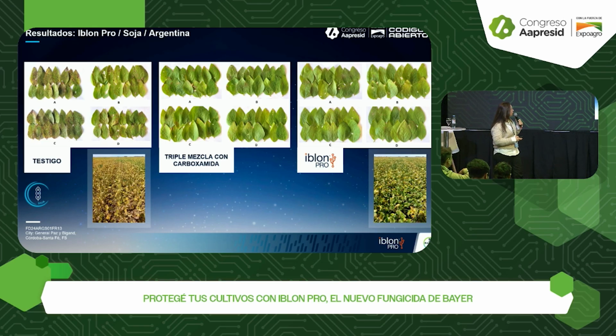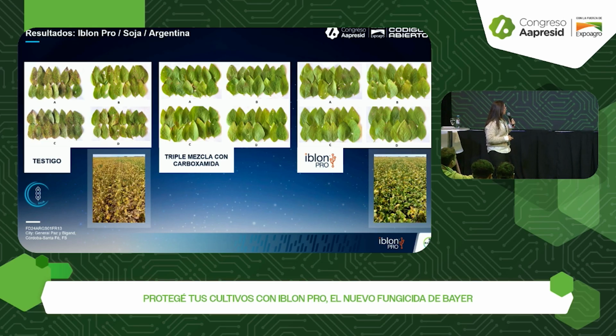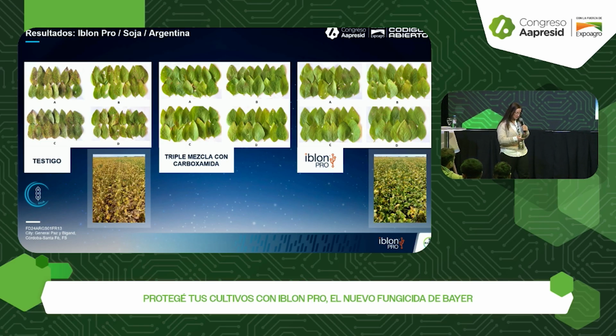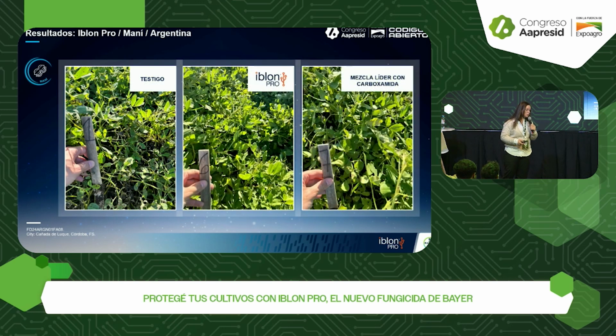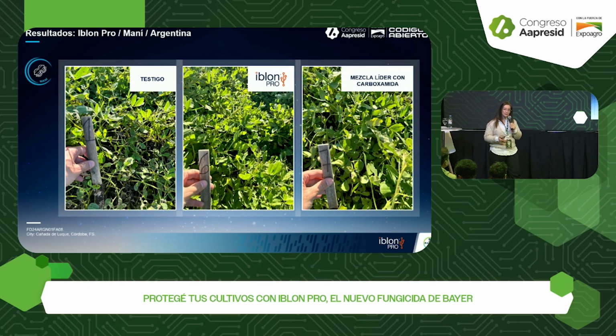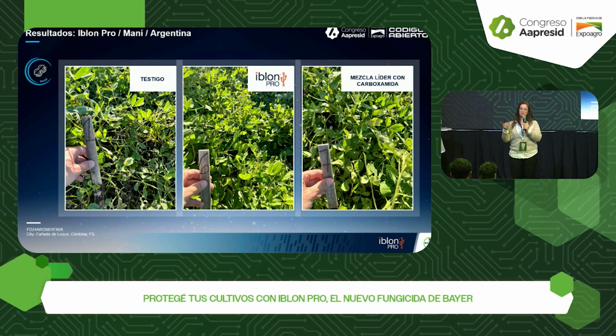We see that Iblon Pro provides outstanding control. These pictures were taken on two locations, General Paz and Vidan, in the province of Santa Fe. I will conclude with peanut, which is the latest crop we have recorded. As I've already said, corn and bean is something we'll focus on in 2027.